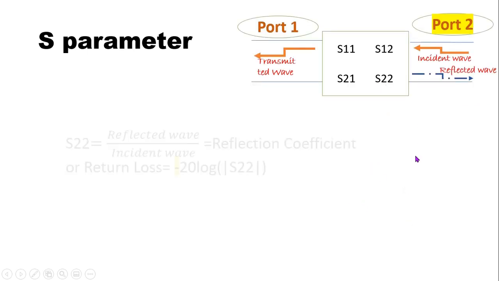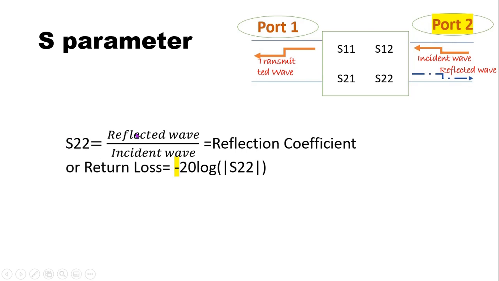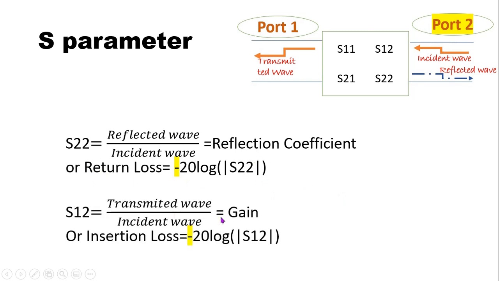So S22 will be the reflected wave in port 2 divided by the incident wave in port 2, and similar to my previous slide, we get these terms. S12 is similar: we call it gain if it is an amplifier, and in the passive sense it is called insertion loss. So these things are with respect to port 2 if we consider port 2 as the primary port.